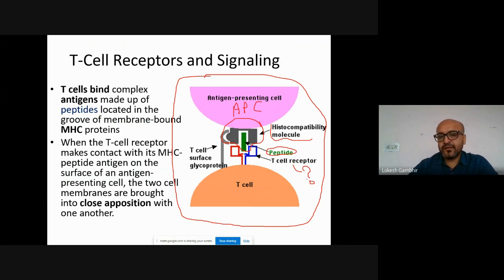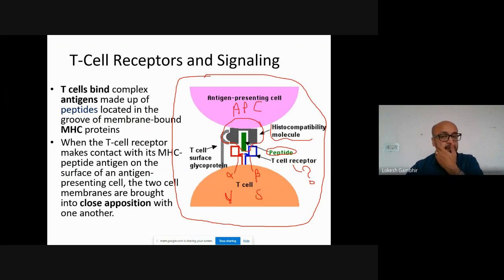You should first understand that this T cell receptor, as evident in the picture, I have represented with two colors, simply because it is made up of two different polypeptide chains. This one is the alpha chain and this is the beta chain. Then there is another type that we call gamma and delta.